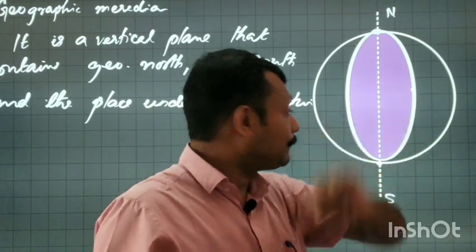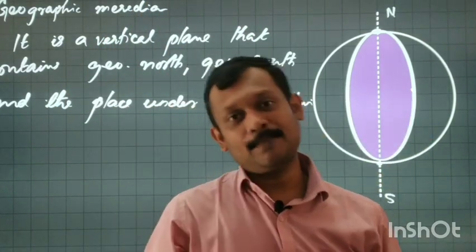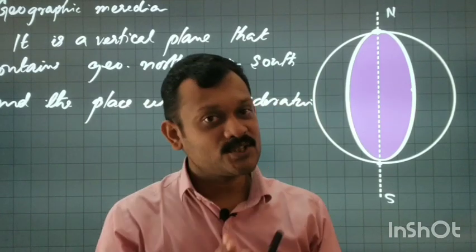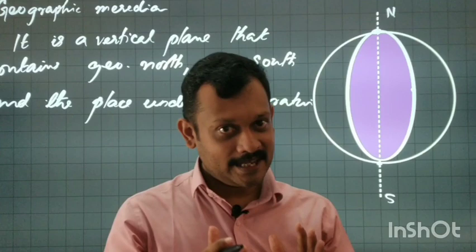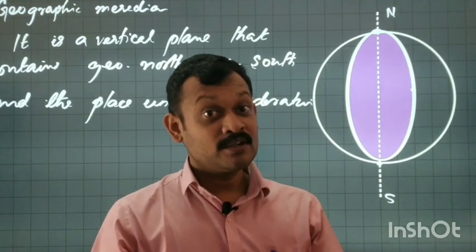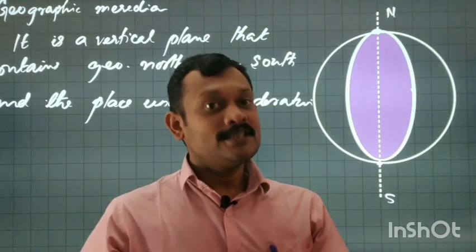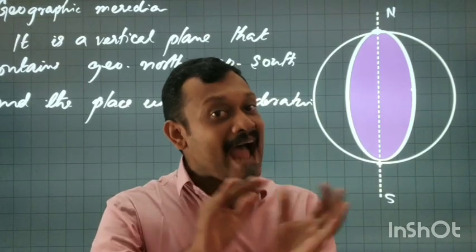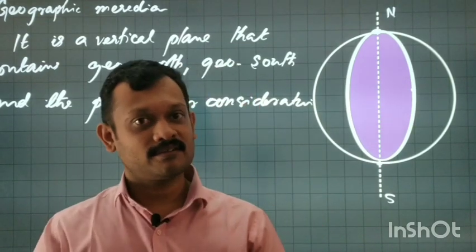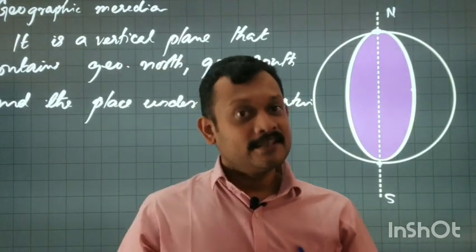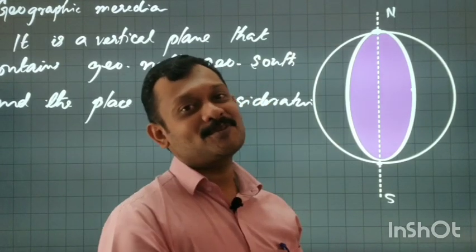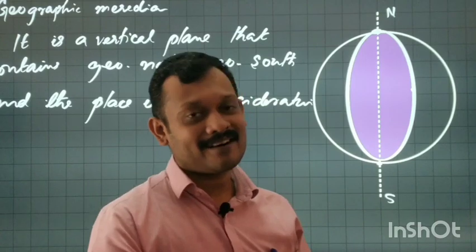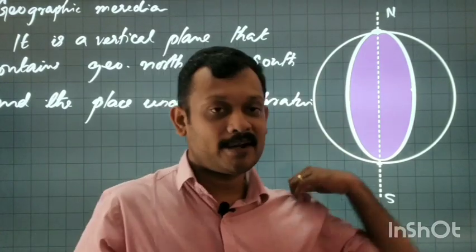It is a vertical plane that contains the geographic north pole, the geographic south pole, and the place under consideration. This is called the geographic meridian.